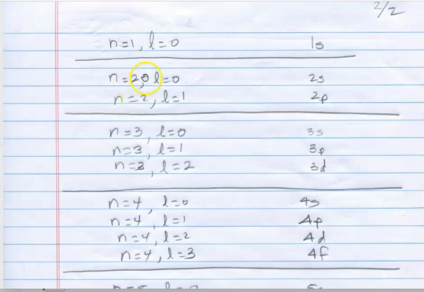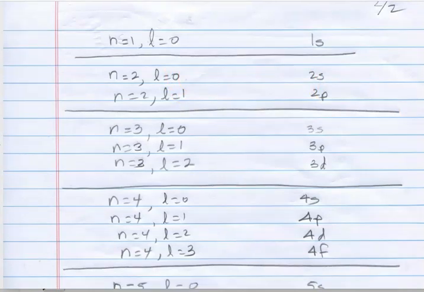For n equal to 2, L goes from 0 up to n minus 1, so 2 minus 1 is 1, so the two values are L equals 0 and L equal to 1. In the spectroscopic notation those are 2s and 2p, so if you're in this state, it would be called a 2p electron. If you're in this one, it's a 2s, and so on up the chain.